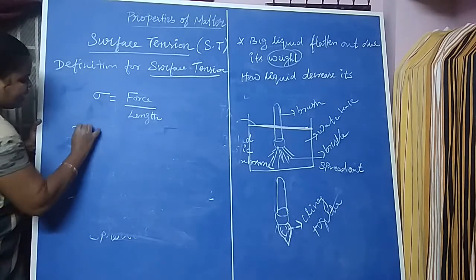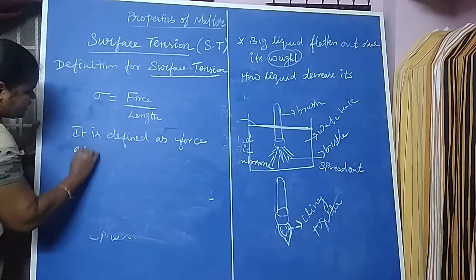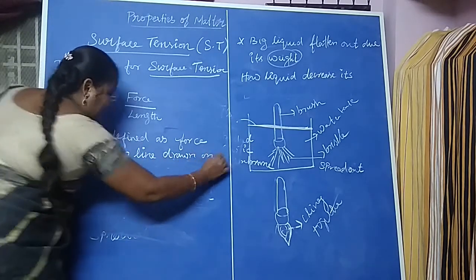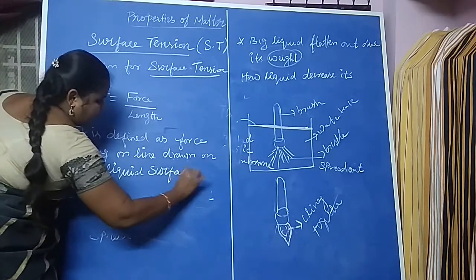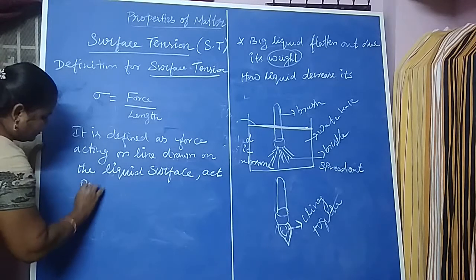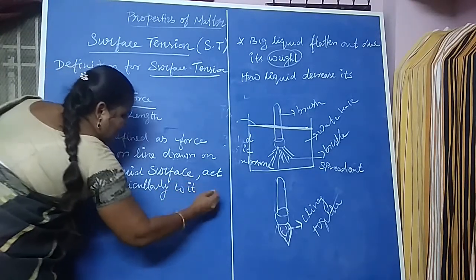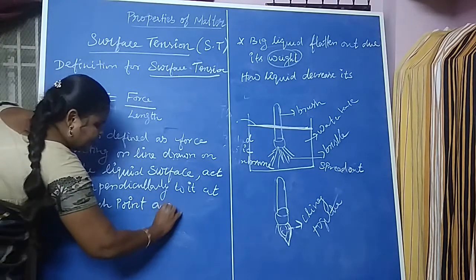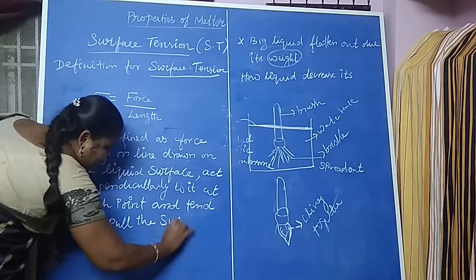It is defined as the force acting on a line drawn on the liquid surface, acting perpendicularly to it at each point, and tending to pull the surface apart.